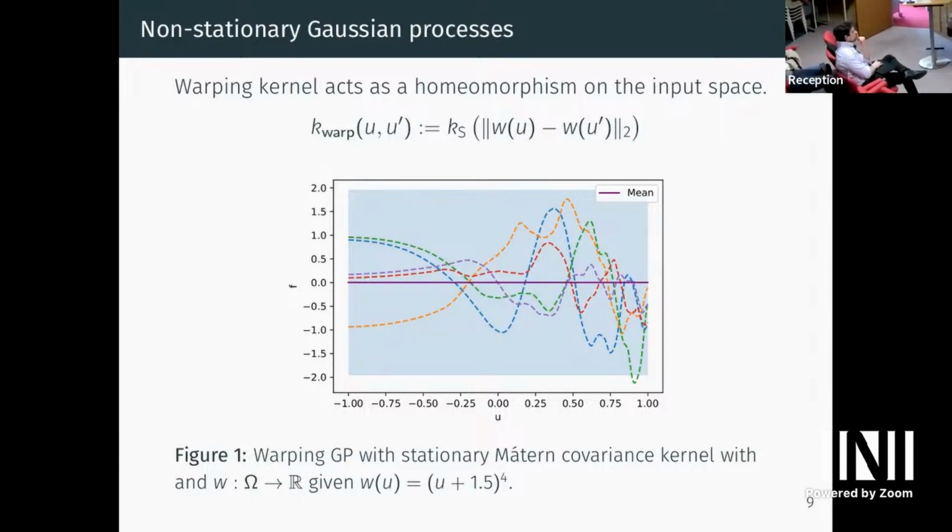If you look at the covariance between these two points in your original parameter, they will be the same, but with this warping function you get much larger length scales over here, because the range decreases.